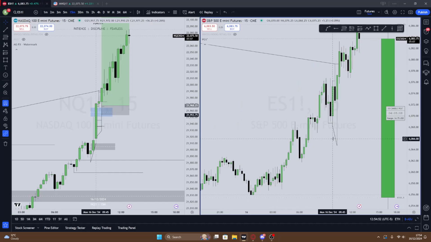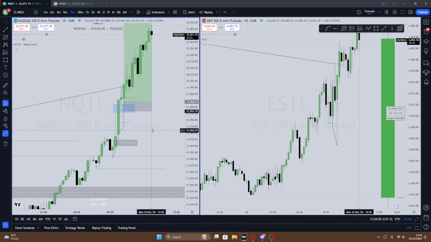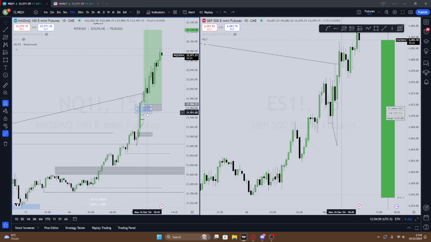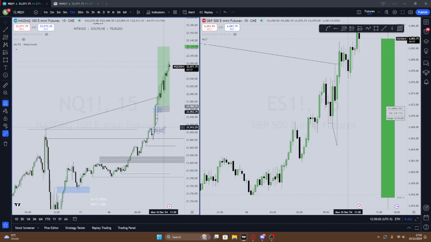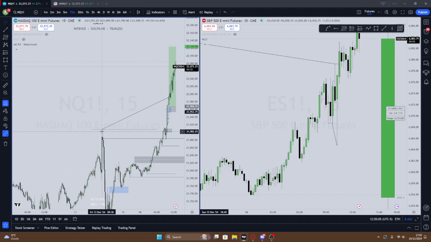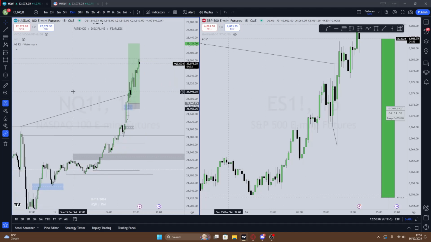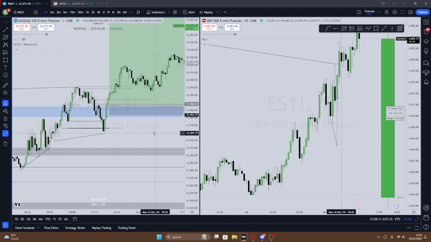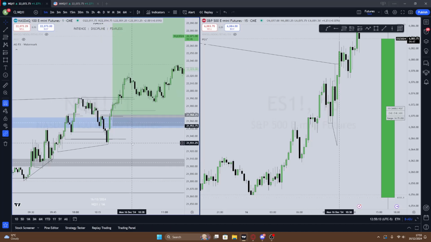Yeah, we had 15-minute SMT here as well. So that was really, really good. A lot of confluences saying we were bullish. There's not really any bearish confluences except for this big SMT, and maybe lower time frame SMT, but there's not really anything you can go off there.